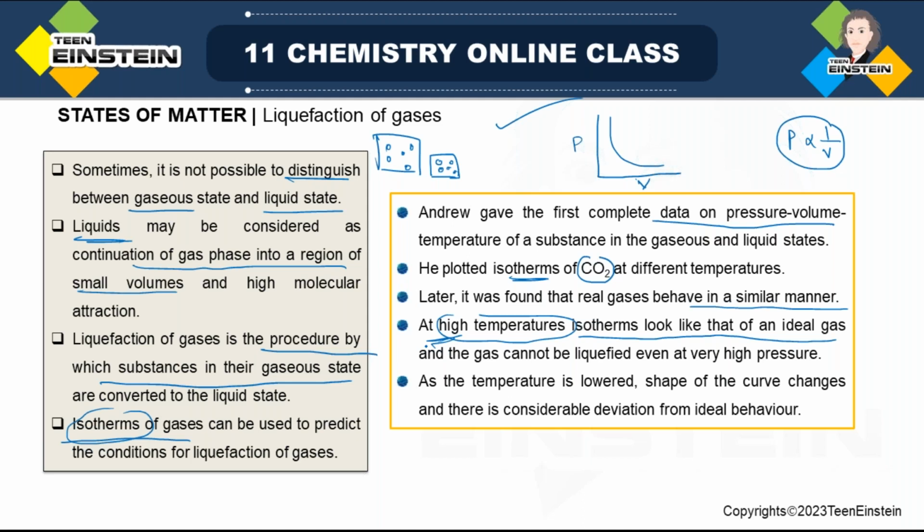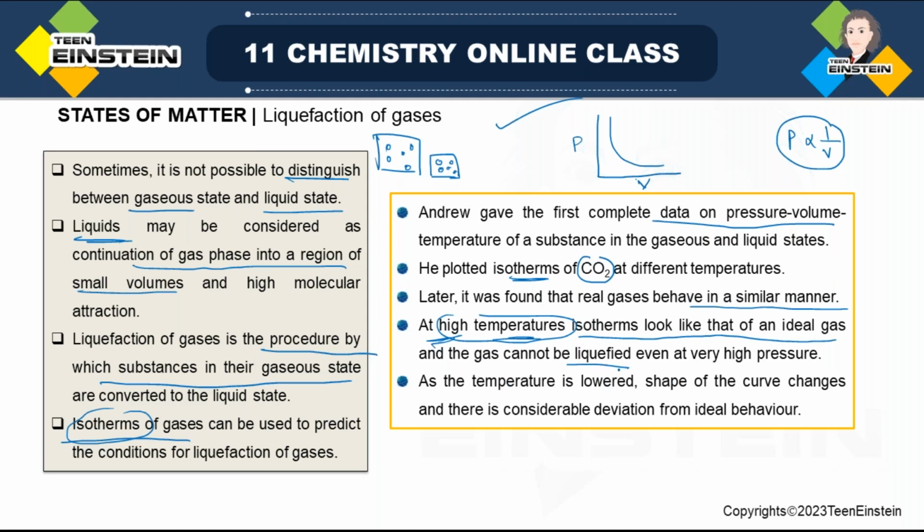So obviously you can expect the isotherms to appear close to ideal gases. So this region of high temperature, if somehow we cross this temperature, what will happen?